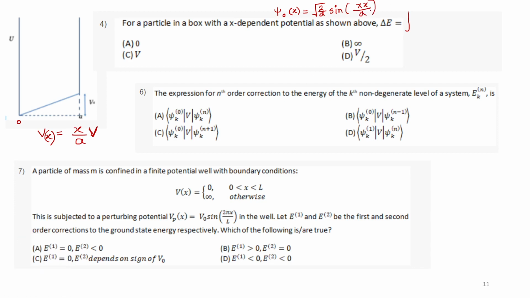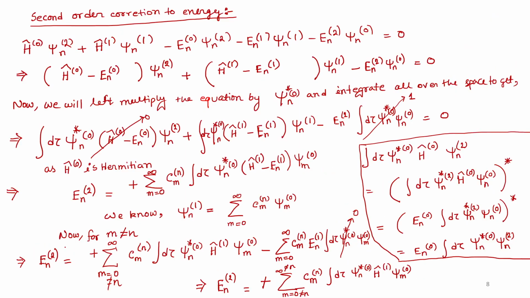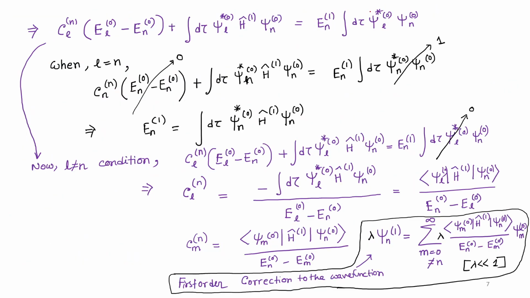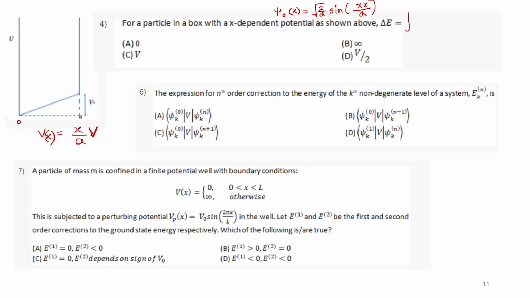One important thing I should also mention here: for the ground state I have taken n equals 0, right? And also when m equals 0, I was saying from here also that m goes from 0 to infinity. Now when you use your particle in a box theory, your m or n should start from 1.